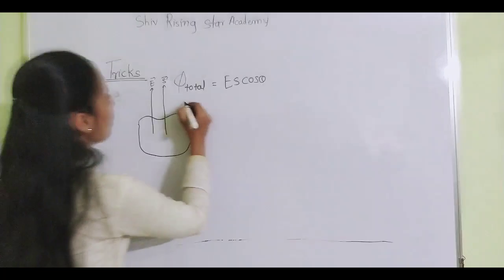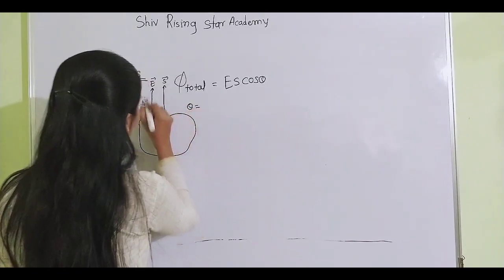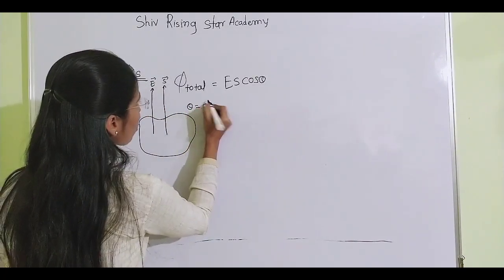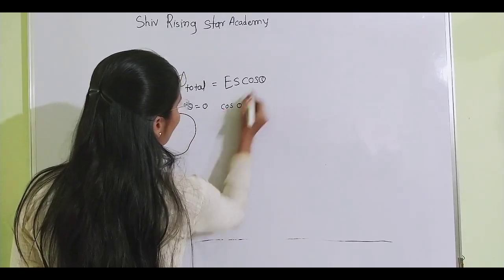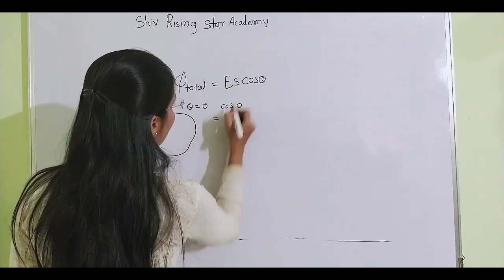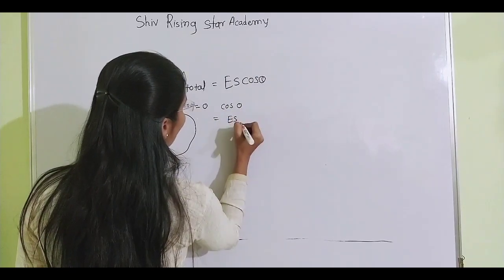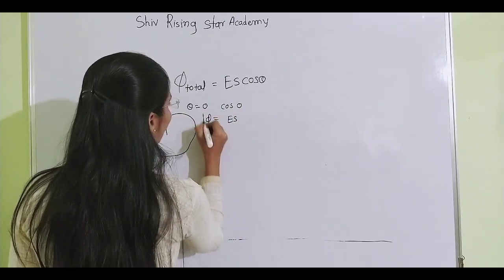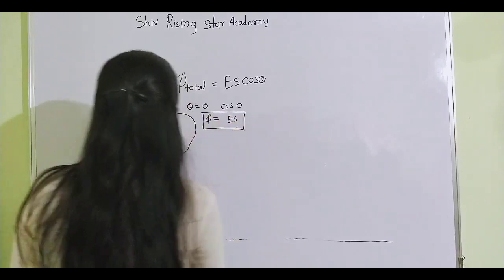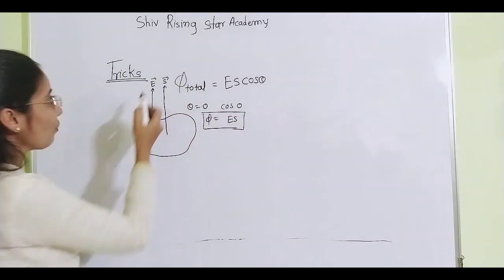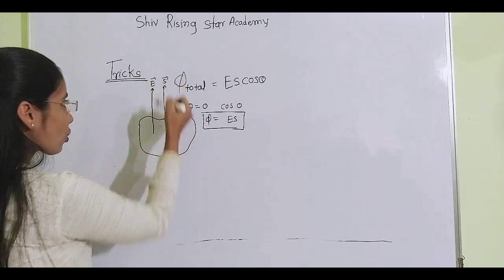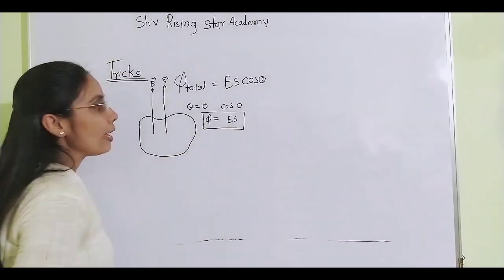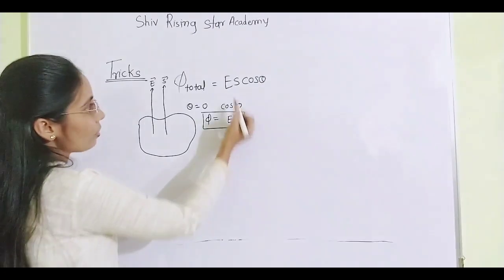So the angle theta between them is 0 degree, and cos 0 is 1. So phi is equal to Es. So when the electric field and the area vector are in the same direction and the angle between them is 0, the electric flux is ES.